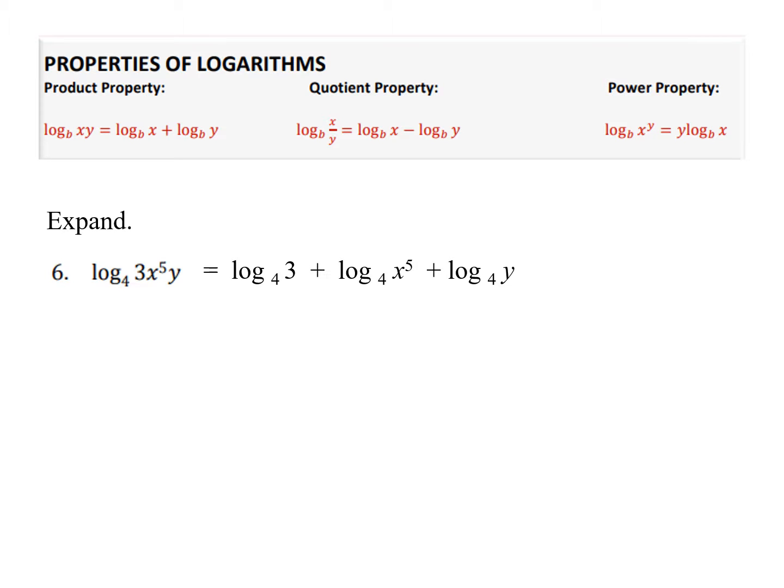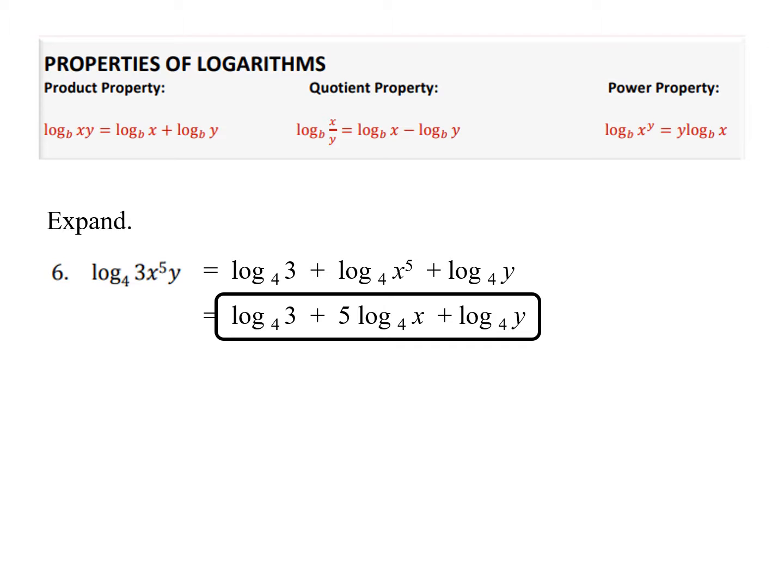So for example, this is going to be the log of 3 plus the log of x to the 5th plus the log of y using the product property. One more thing we can do here is use the power property to pull this 5 out and write it as a coefficient. So this is that expanded.